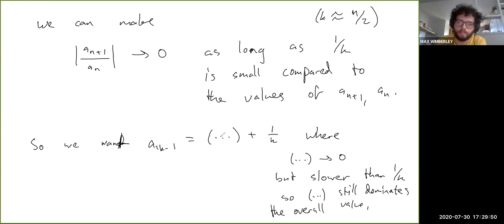This is going to 0, because we obviously need these terms to actually approach 0 to satisfy the requirements of the problem, right?